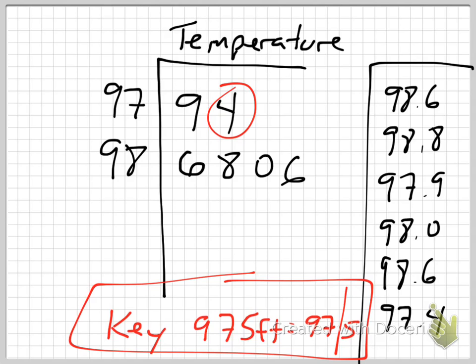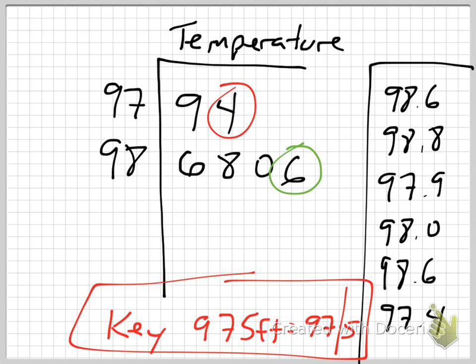What does this right here represent? Michael, what does that 6 represent? Oh, right, that's true. 986 in this situation. Absolutely right. Why is that true? Because that's what the key says.